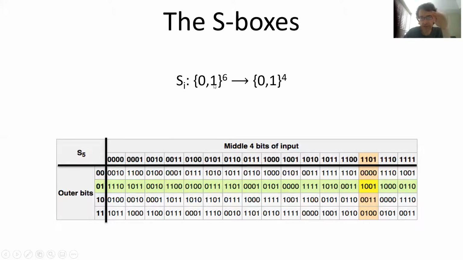So you have 6 bits of input. This is the first and last, and this is the 4 middle ones. Okay, and you perform a lookup. So this will be an output on 0, 1, 1, 0, 1, 1.